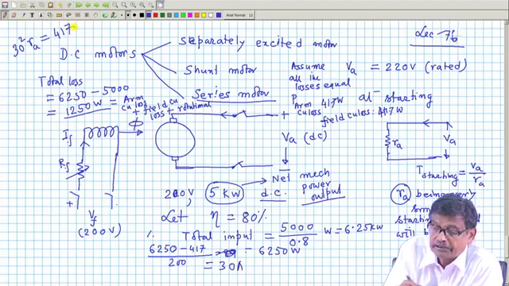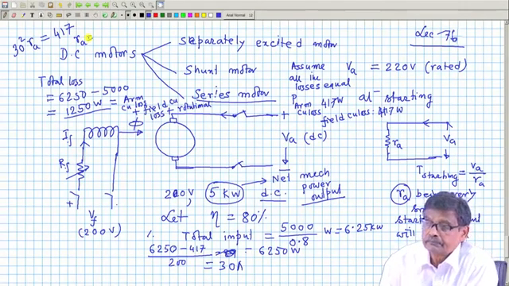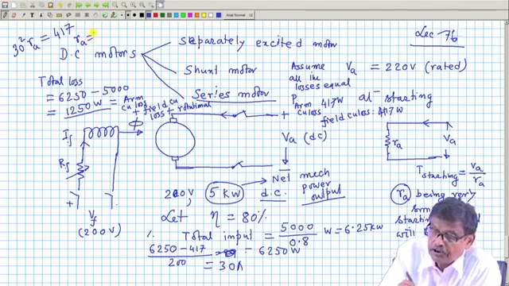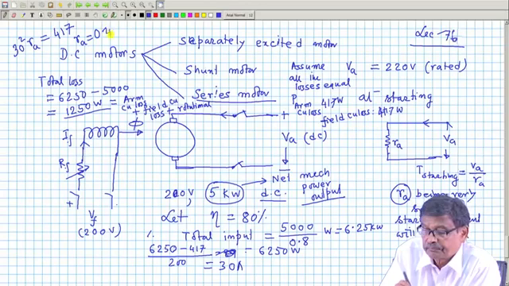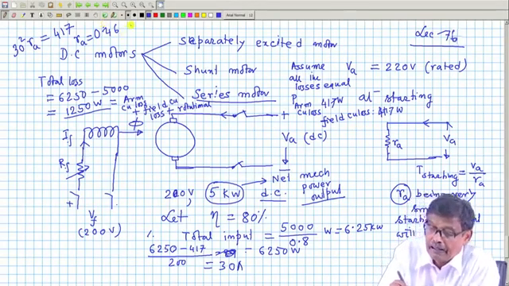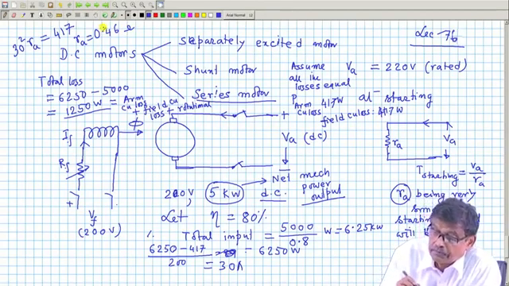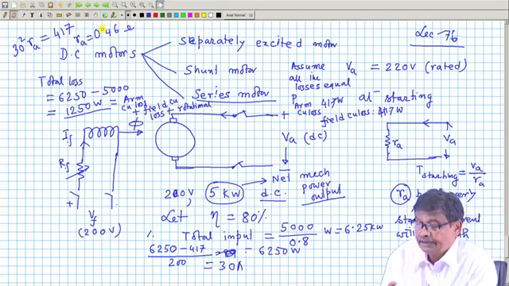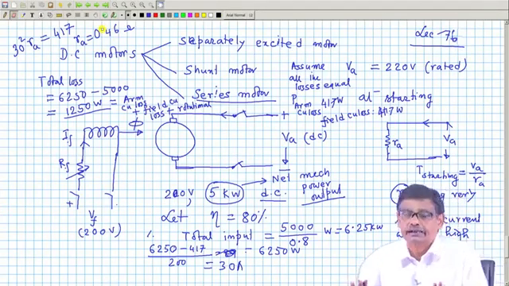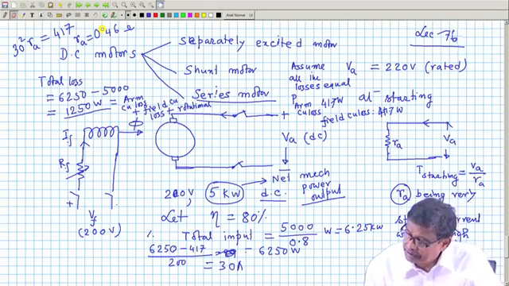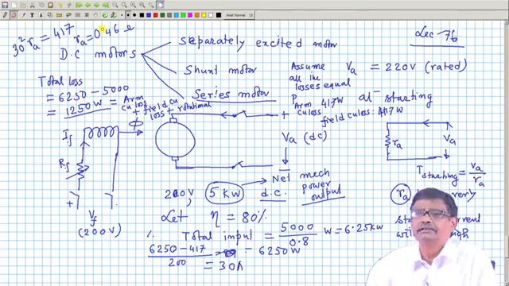So, how much is Ra? 0.46 ohm. See, try to understand what I am doing here. A DC machine is given. We say the armature resistance is small.